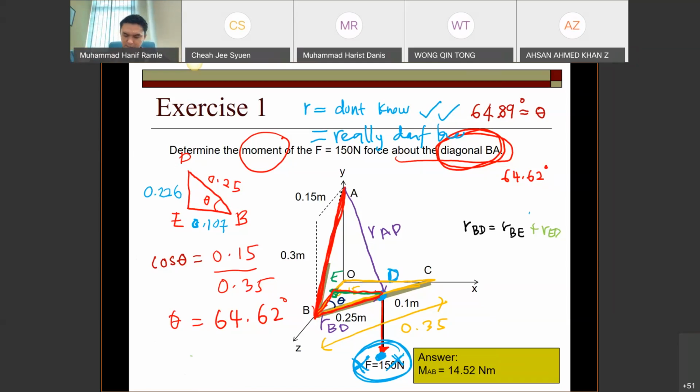So from this triangle, we can get RBD actually. RBD is equal to RBE.